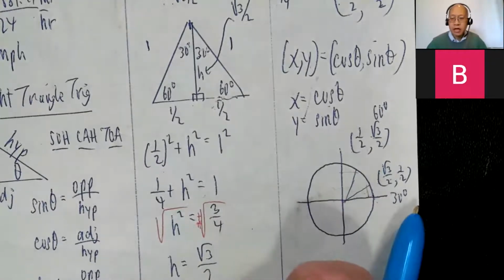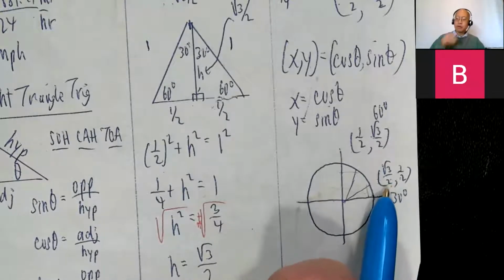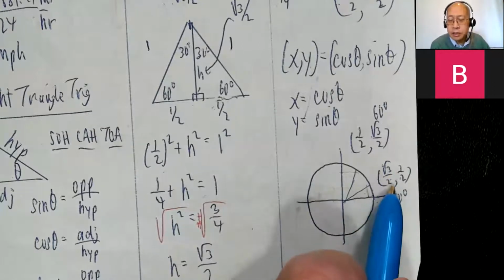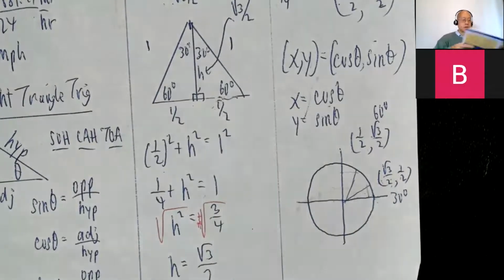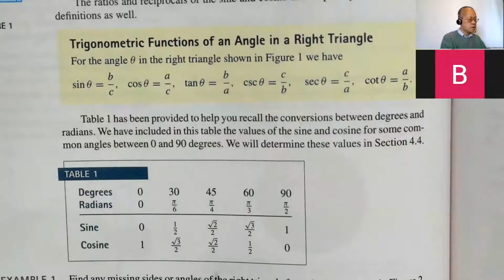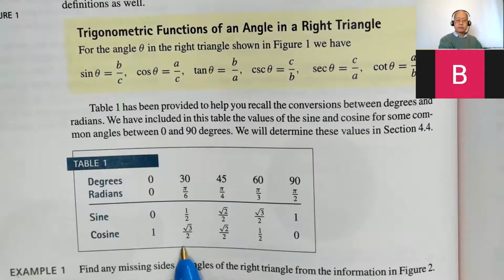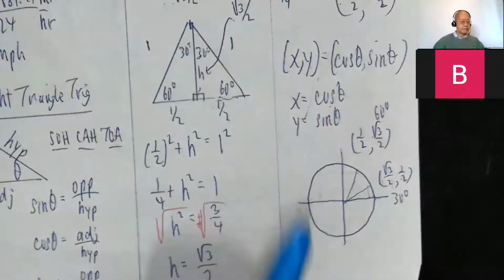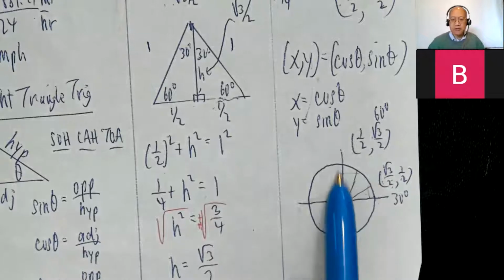That means if I want cosine or sine of 30 degrees, I just want the x coordinate and y coordinate. Okay, so 30 degrees, x coordinate, radical 3/2. Cosine means x coordinate. Sine is a y coordinate, 1/2. See how it looks like this point is halfway up the circle?